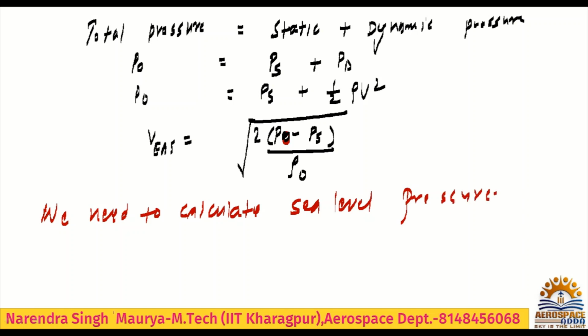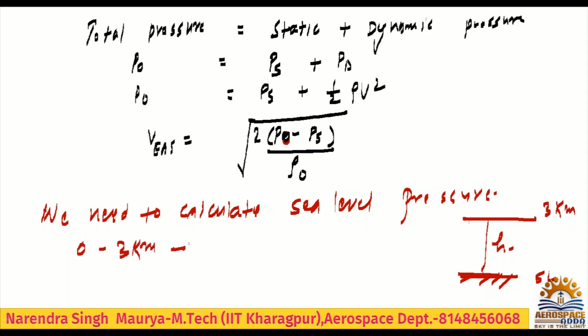Okay. So you should know, suppose this is the sea level, and this is the 3 kilometer altitude. Okay. So at H distance, what is the H? 3 kilometer. So this is basically 0 to 3 kilometer.